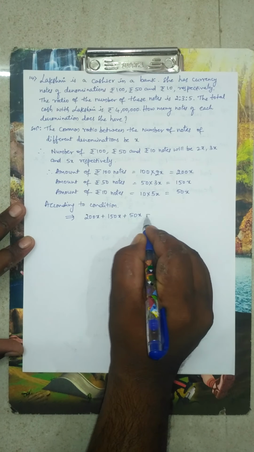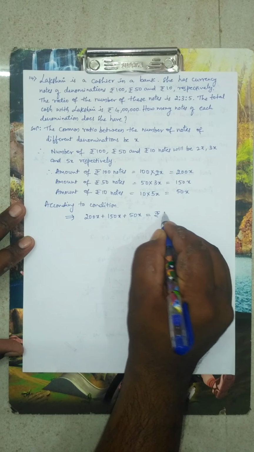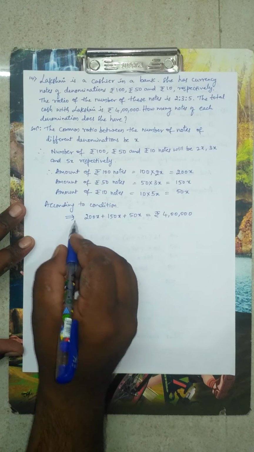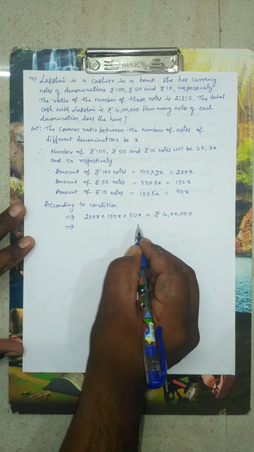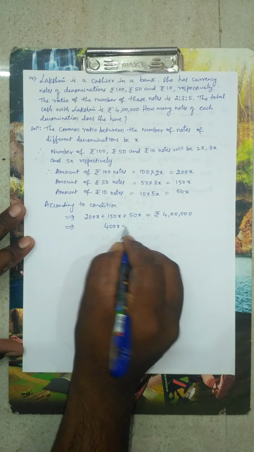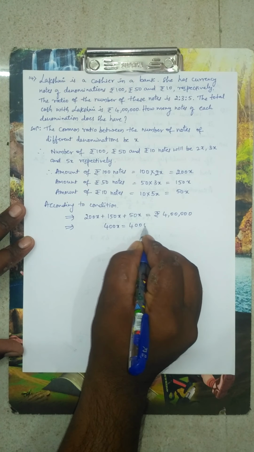If you add, the total amount is equal to 4 lakh rupees. So 200x, 150x and 50x added is 400x, that is equal to 4 lakh.